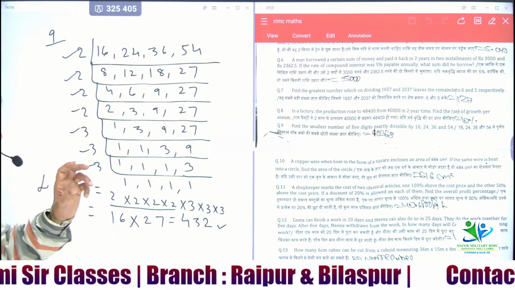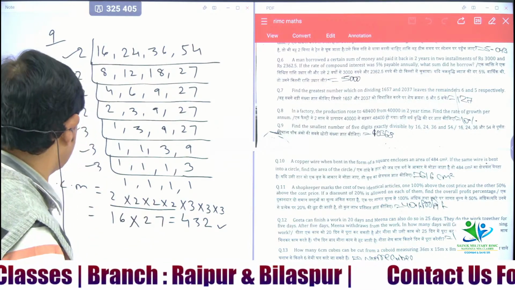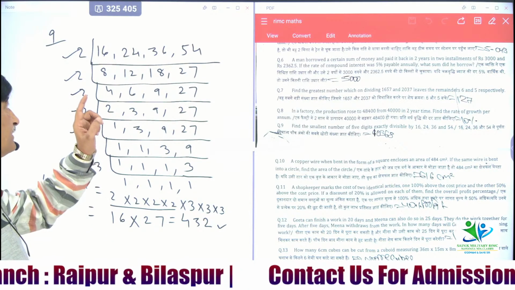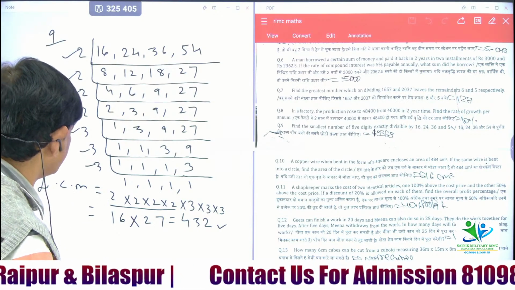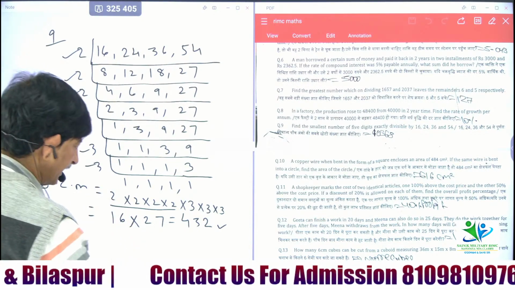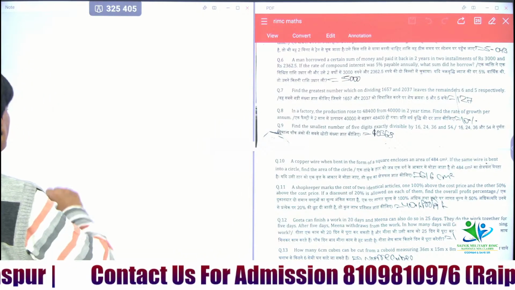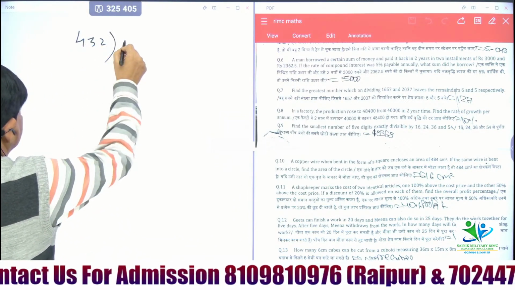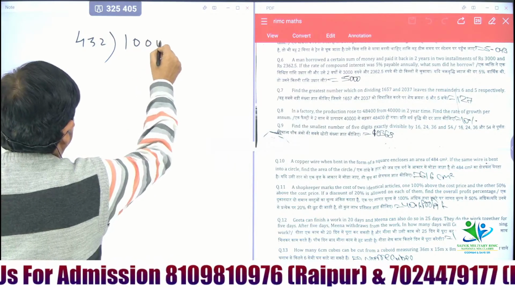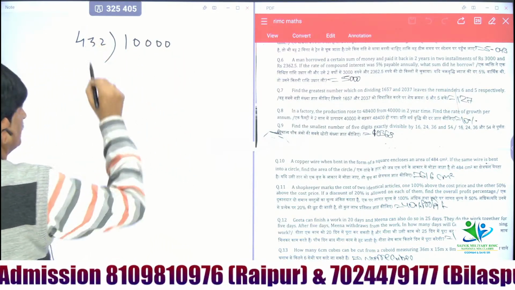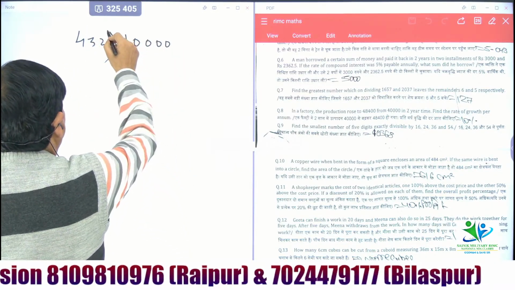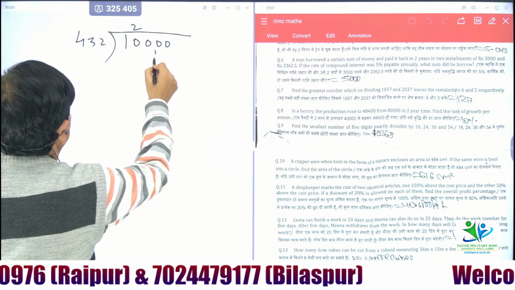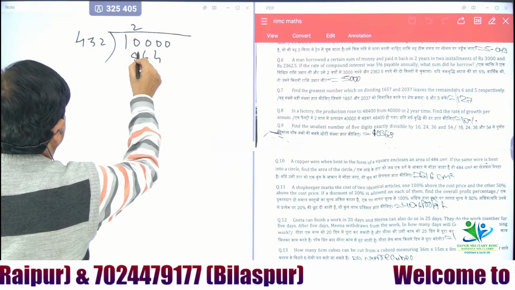Now you have to find the smallest 5-digit number. So now take the smallest number of 5 digits. Now see on the second page. Here the LCM is 432. You divide the smallest 5-digit number, this one, by 432. If we divide by 432, here is 2, and you get 4, 6 and 8.